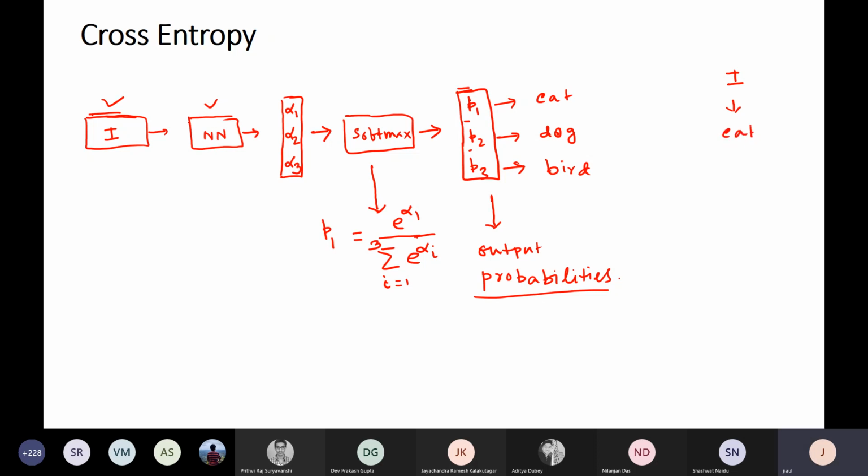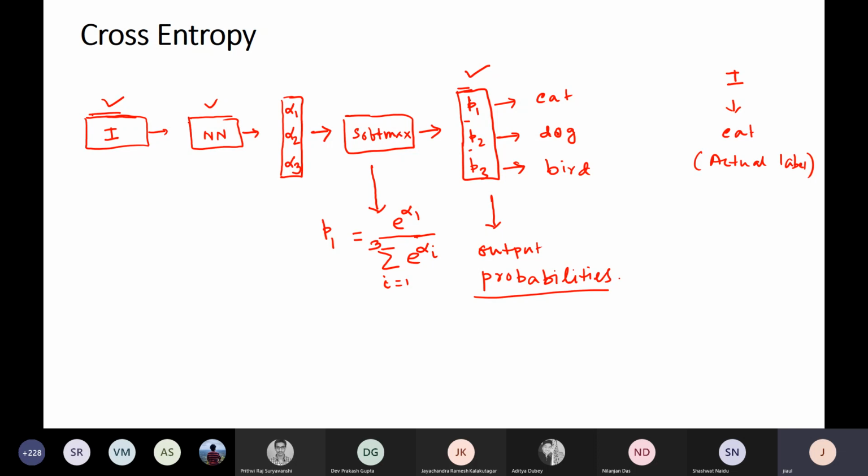This is my actual label, from the training data. Now I have to compare these predicted probabilities, the output probabilities, with the actual labels that I have, and there I am going to apply cross entropy.